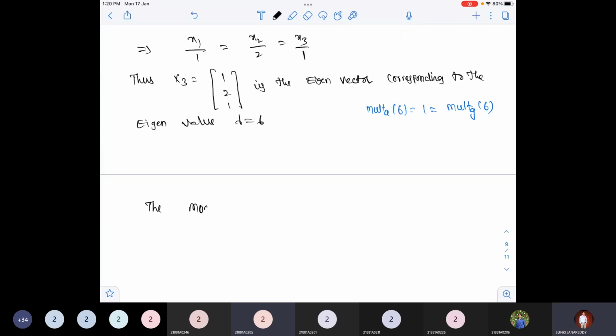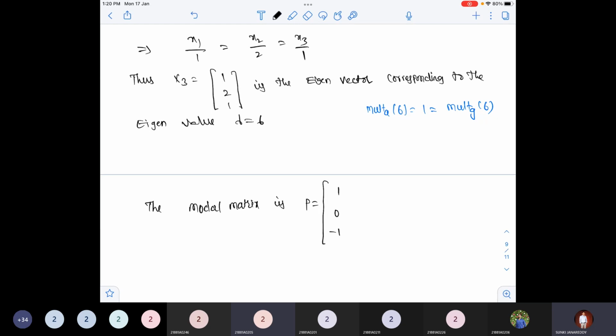Also find the inverse. The model matrix P is equal to... Don't think much about this. What is the first eigenvector? 1 0 -1.